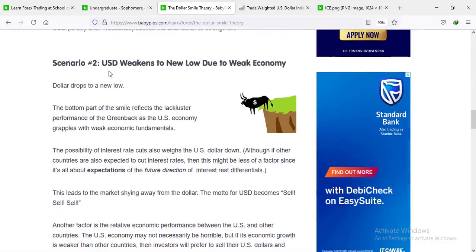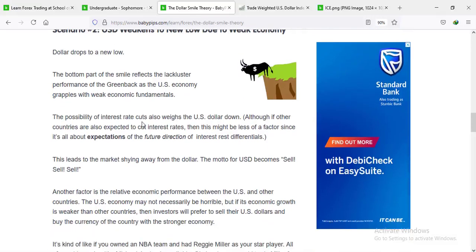Now, scenario number two, US dollar weakens to new low due to weak economy. Okay, now the US economy is weak, and the GDP the country is producing has dropped.